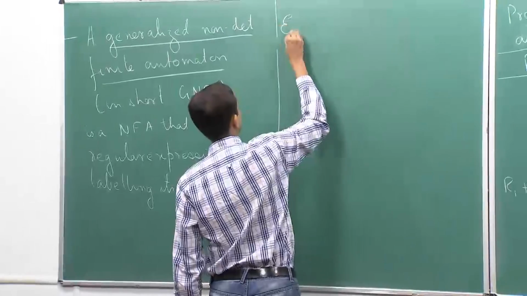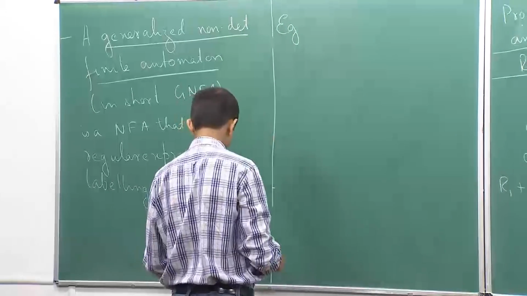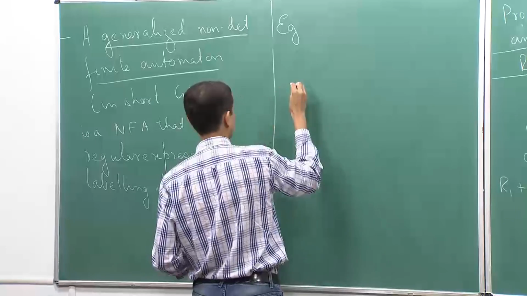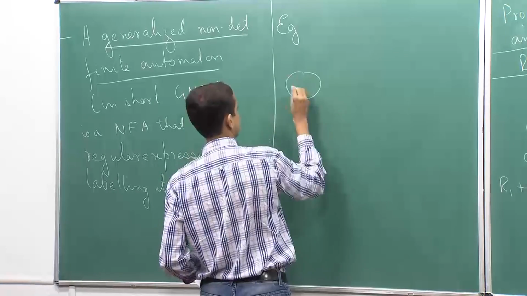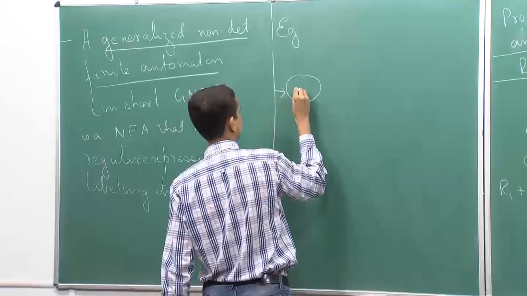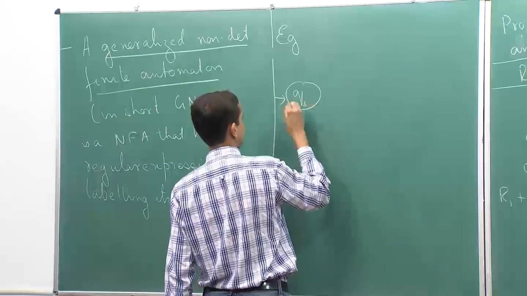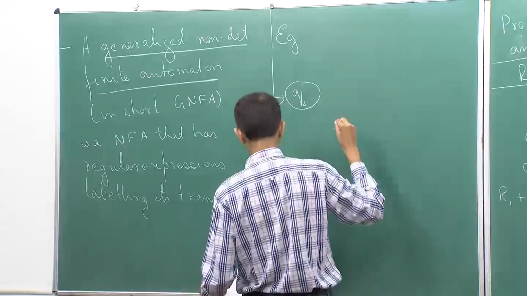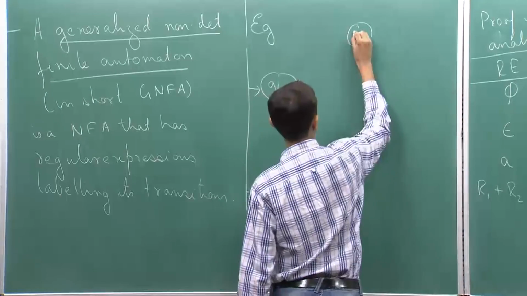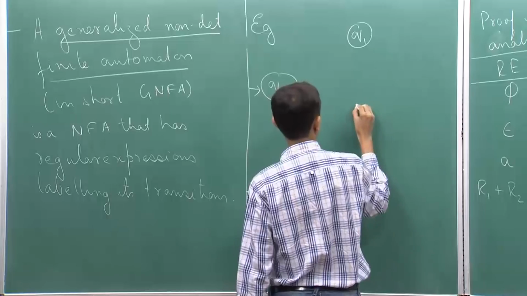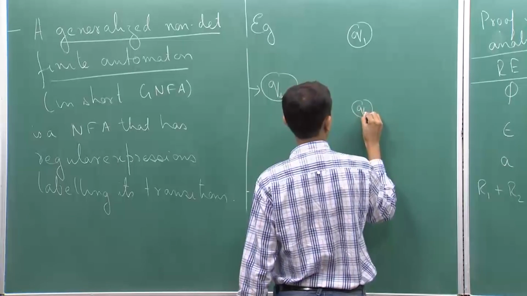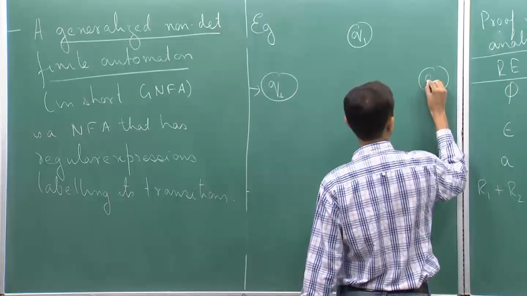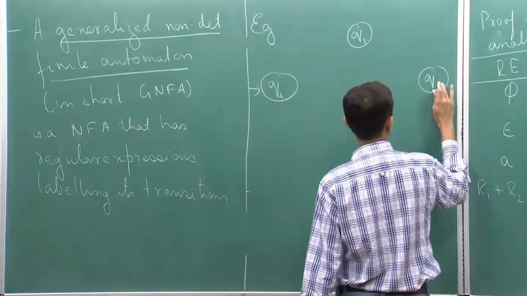So, here is an example of a GNFA. We have, let us say, a start state here, I will call it QS. We have a state Q1, Q2, and let us say Q accept.